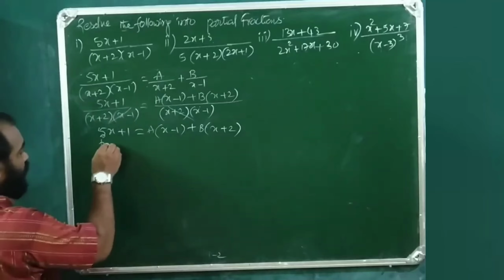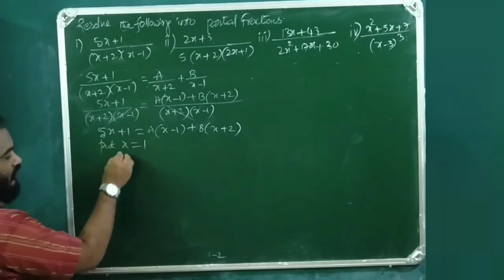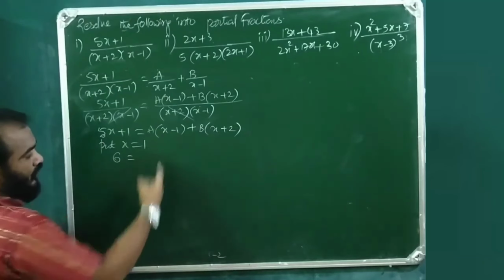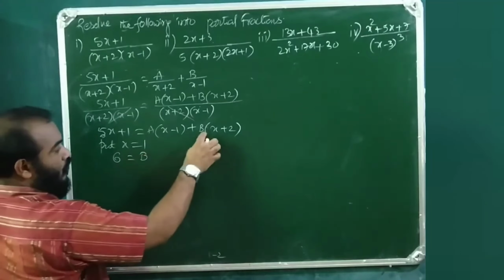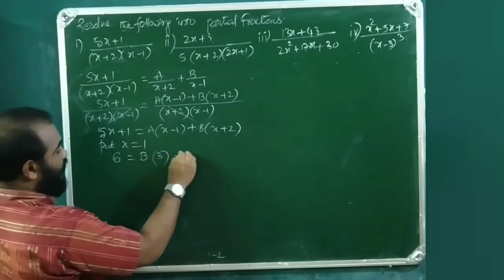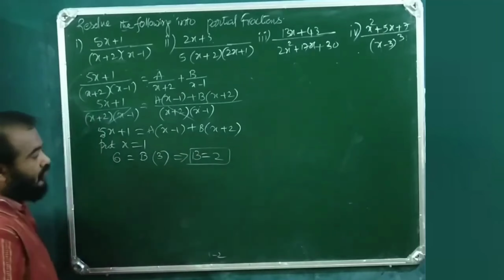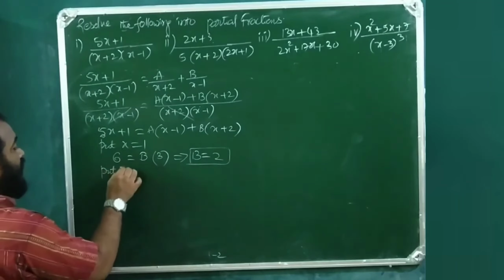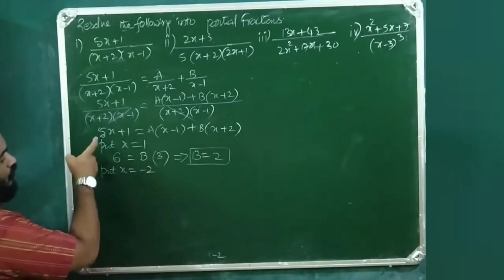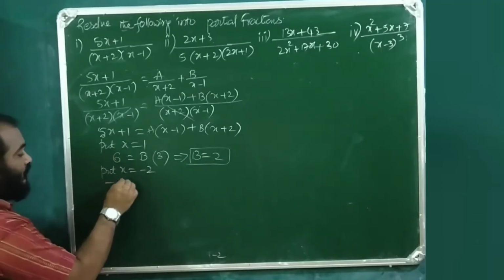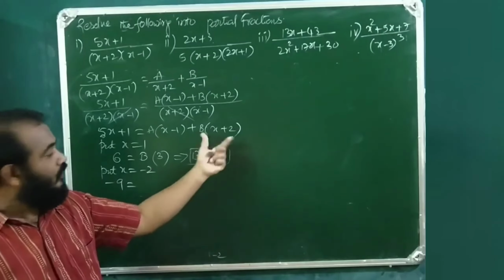So put x equal to 1. 5 plus 1, 6, is equal to a into 1 minus 1; on substituting 1 here, it will be 0. So b into 1 plus 2 is 3. From this, b is equal to 6 by 3, which is 2. Now put x equal to minus 2. 5 into minus 2, minus 10 plus 1, minus 9, is equal to b into; on substituting minus 2 here, it will be 0.